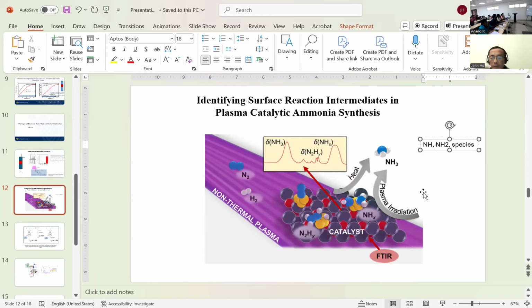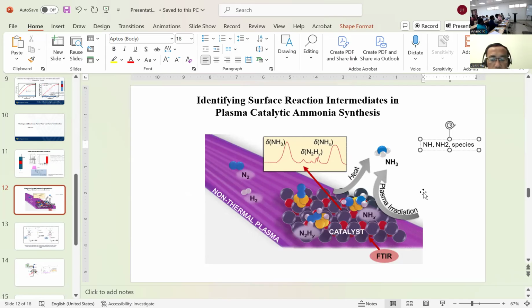Okay, any question on the tools here? How they do the study? Thermal plasma can separate the oxygen. I can't hear you. Can you repeat your question again?